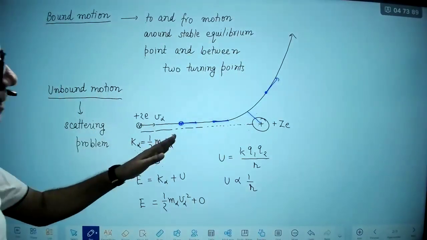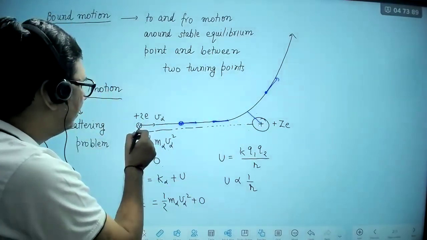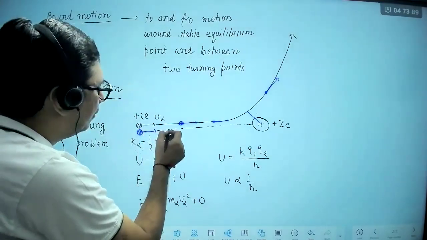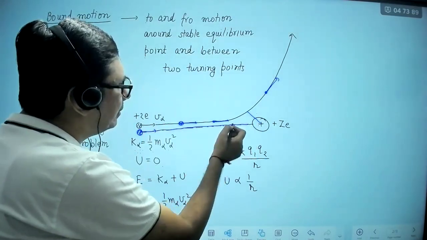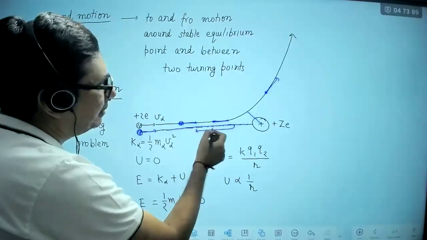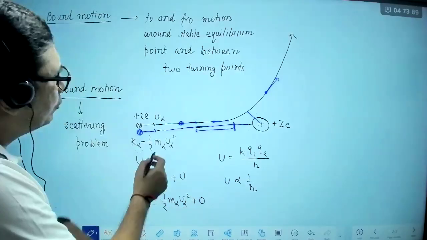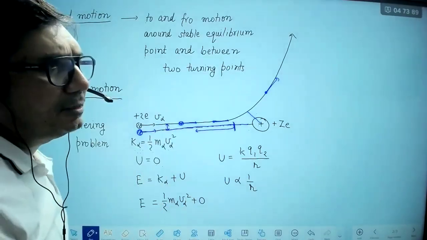If you are launching the particle exactly toward the nuclei, then it will go up to some point and then be reflected back. This will be the distance of closest approach. You call it R naught. But it also depends on other factors like the impact parameter, as we call it.